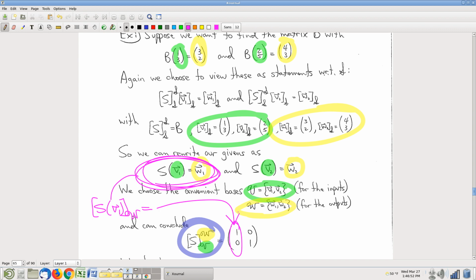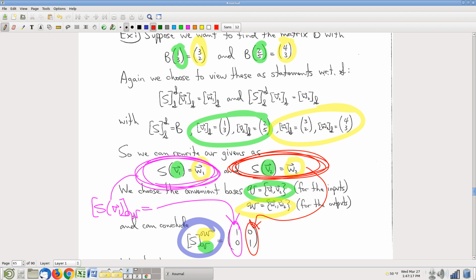Right, how do I write W1 as a linear combination of my very conveniently chosen W1 and W2? 1, 0. Then likewise, I'll let you guys think through the details, but this tells me my second column, 0, 1.